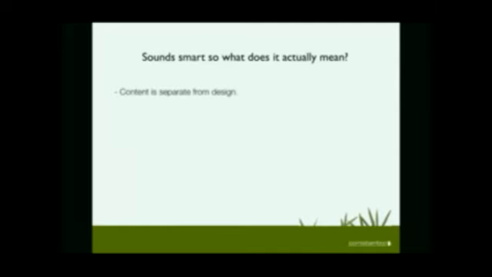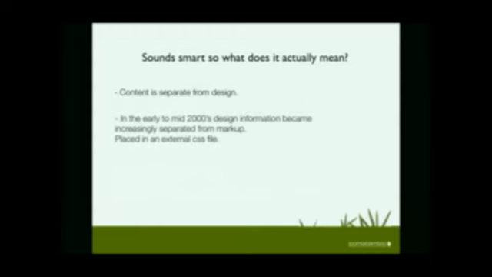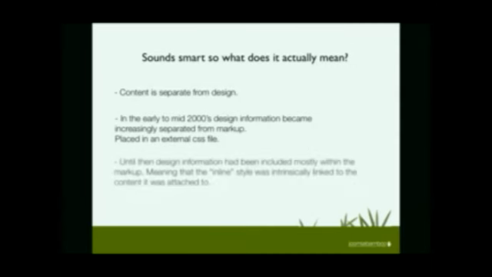So, content is separated from the design. Around the early 2000s, design information became increasingly separated from the markup. Before that, all design information was combined intrinsically with the markup itself, so it was hard to look at the page and determine what was content and what was design information.